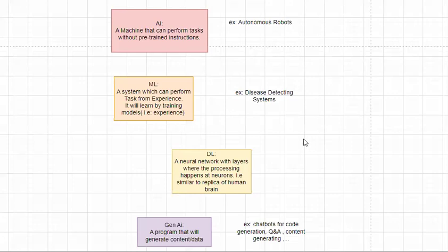So how do you link these all, sir? Now, to link these all, first, this AI model, what is this? It's nothing but a machine to perform some task without pre-trained instructions. To do those things, it must require some training models, right? So ML comes under a sub branch of this AI, in order to provide pre-trained models to this AI to perform tasks.